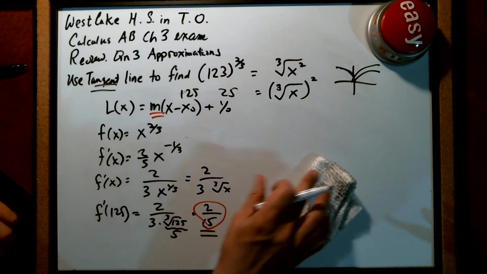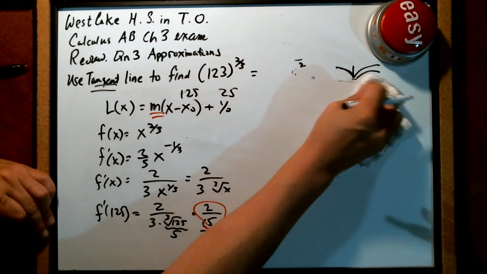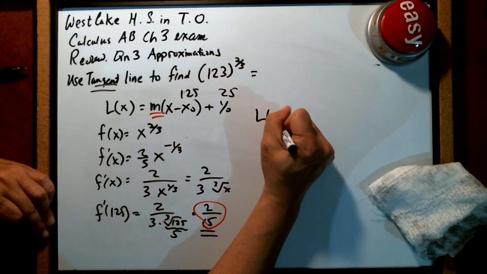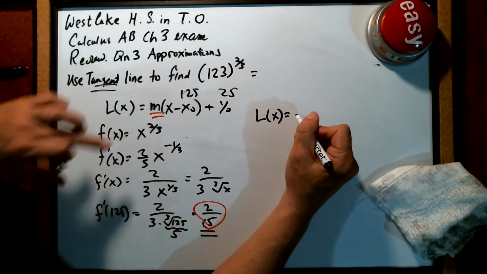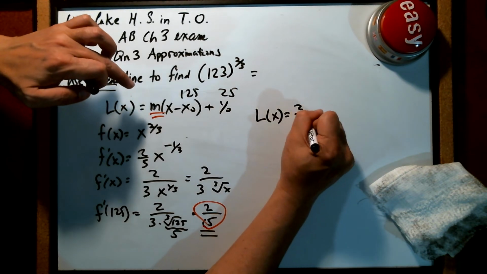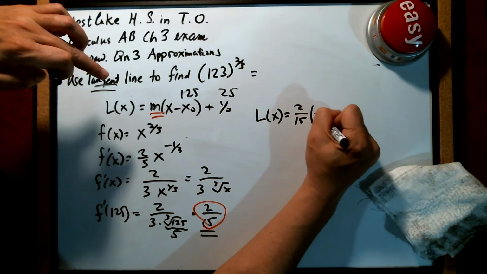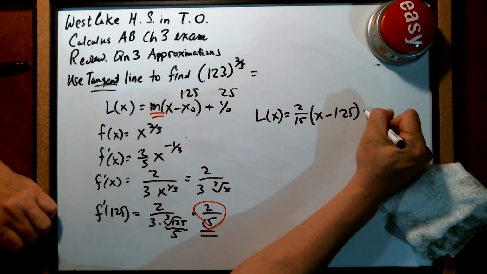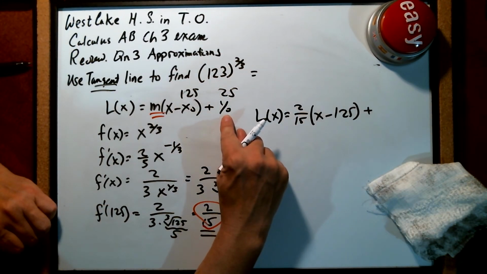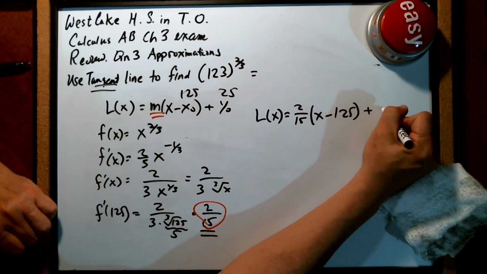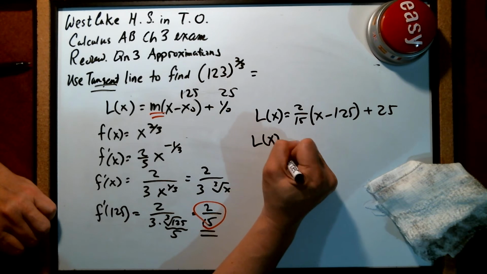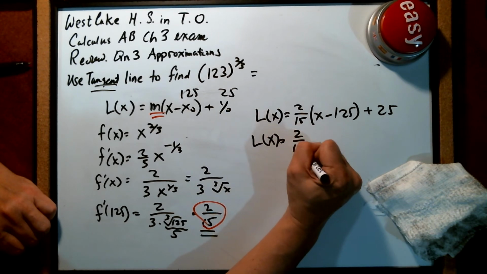Let's clean this up a little bit. You end up with the linearization L of x equal to 2 over 15 times x minus 125, that's your starting value, plus your y value, the function value there, which is 25. I'm going to distribute this out. We'll end up with 2/15 x.